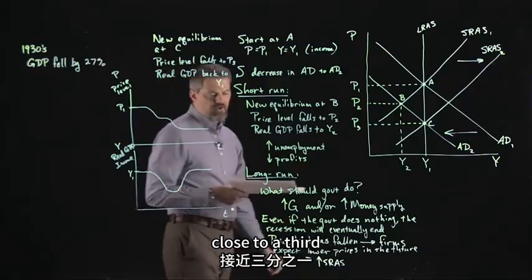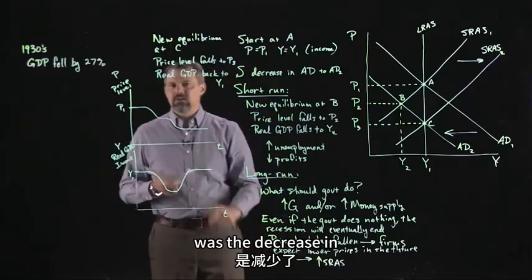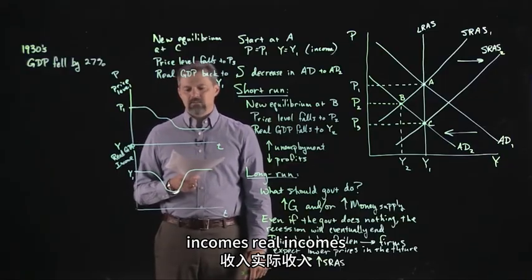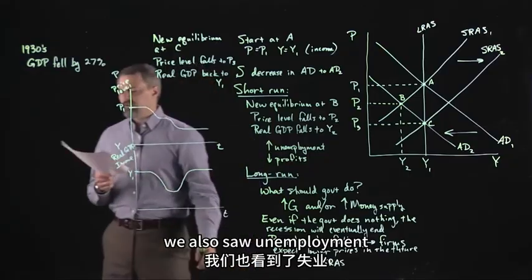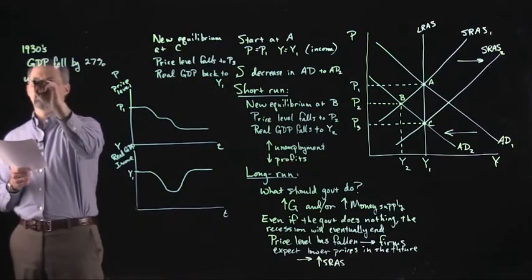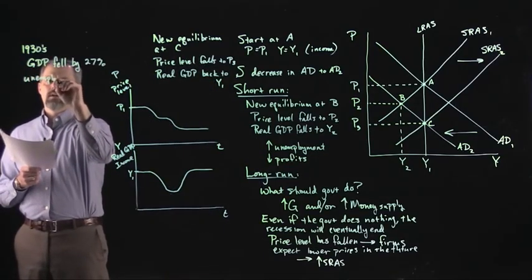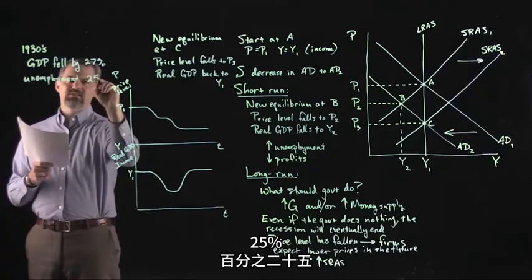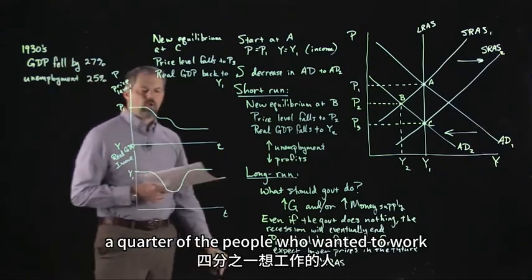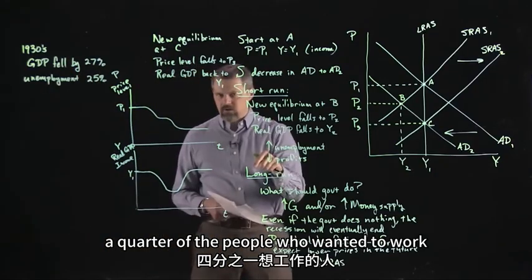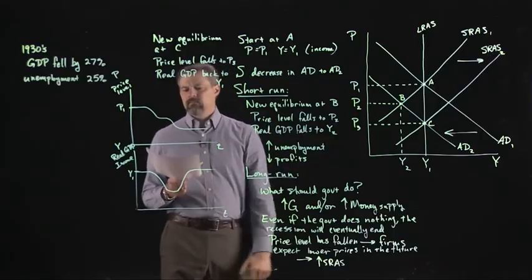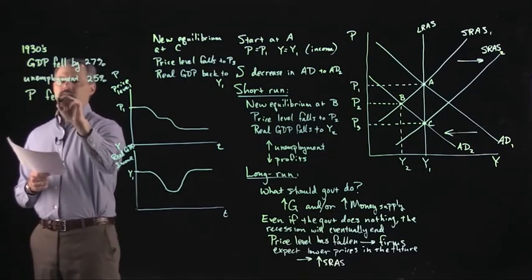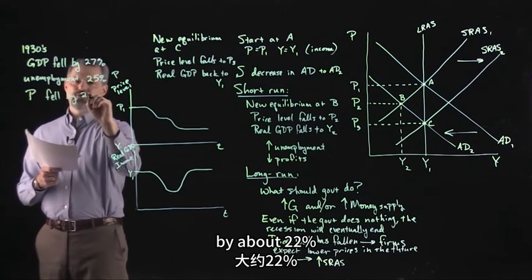Close to a third was the decrease in real incomes. We also saw unemployment of about 25%. A quarter of the people who wanted to work couldn't find a job. Price level fell by about 22%.